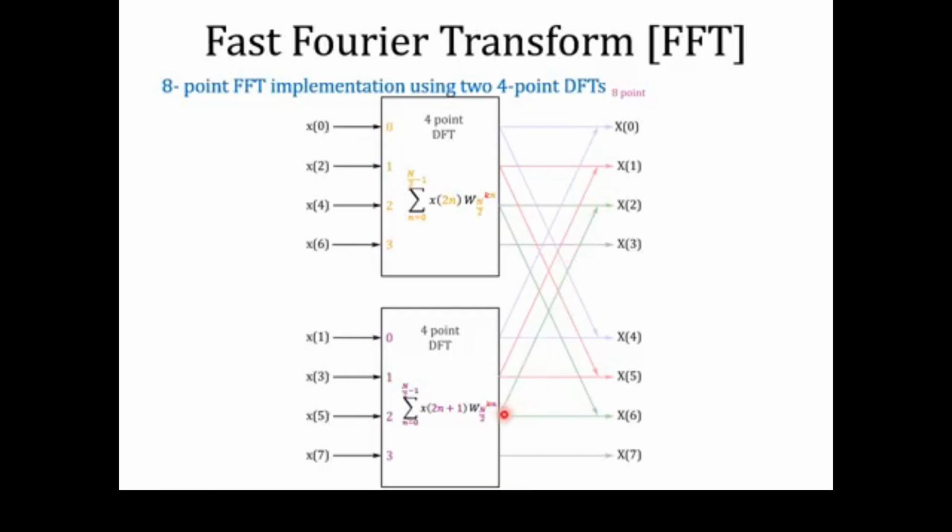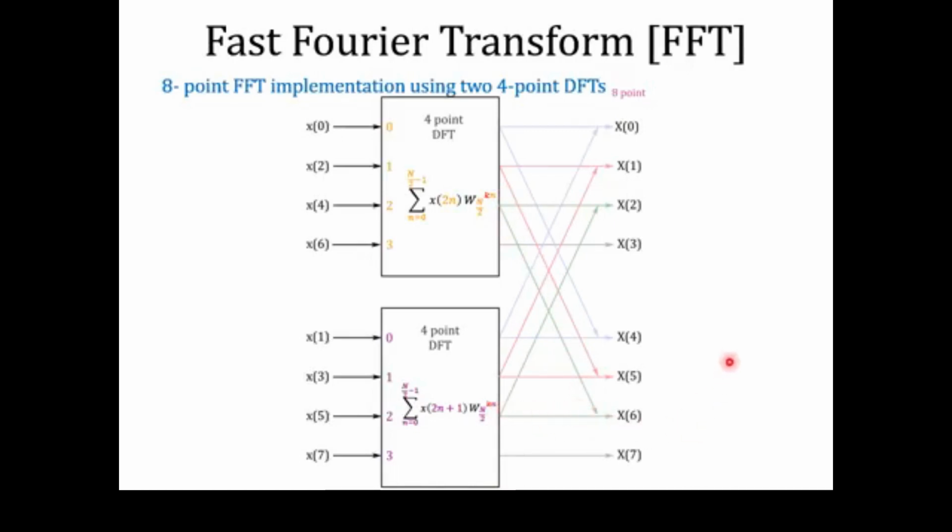So we will draw a diagonal line like this one. Similarly, in order to calculate X of 6, we again need A of 2 and B of 2, which we will add after multiplication with twiddle factors. So this A of 2 sample will be sent here in the form of a diagonal line, and B of 2 sample will be used here as a straight line.